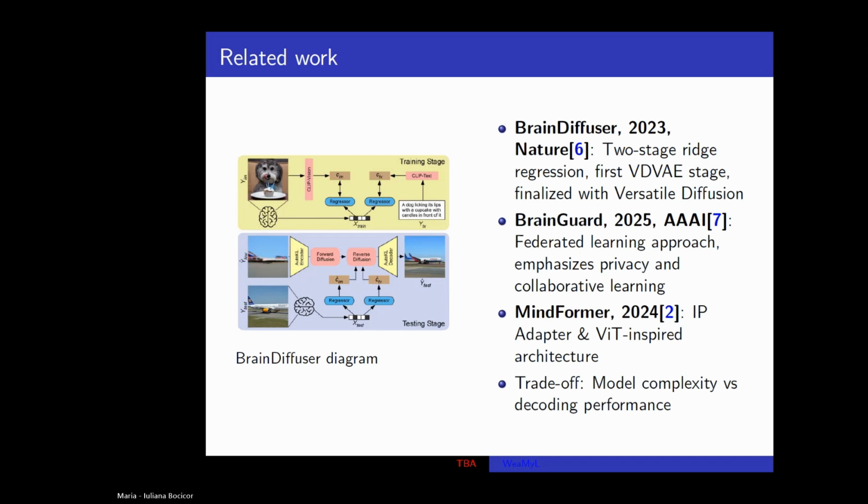First was a very deep variational autoencoder stage where they reconstructed the blurry image, as you can see on the diagram, which was then followed by a second stage where they used that image and learned CLIP embeddings, both visual and textual, to reconstruct the original image with versatile diffusion. So you can see here an example of an airplane and the result that they obtained.